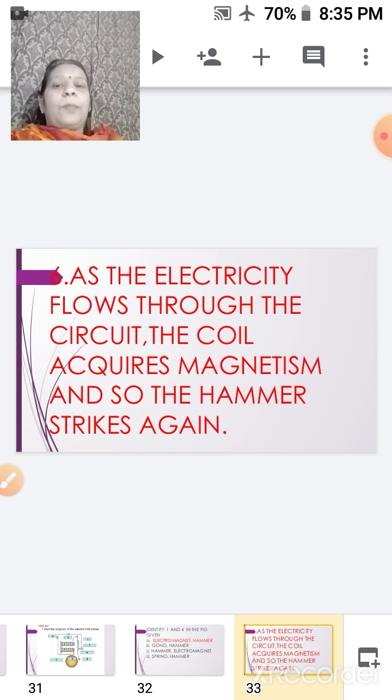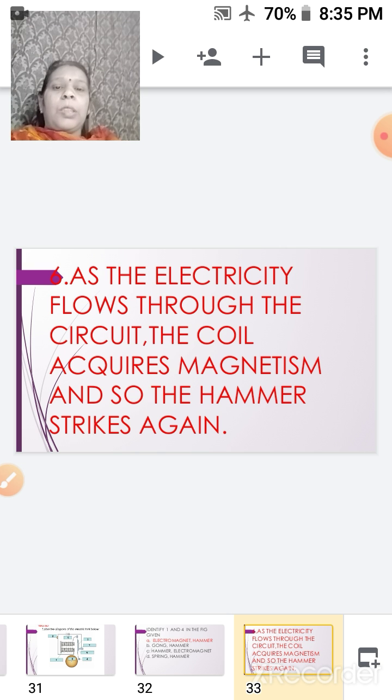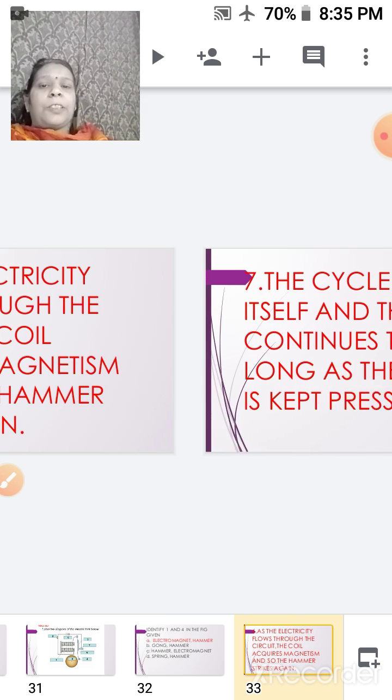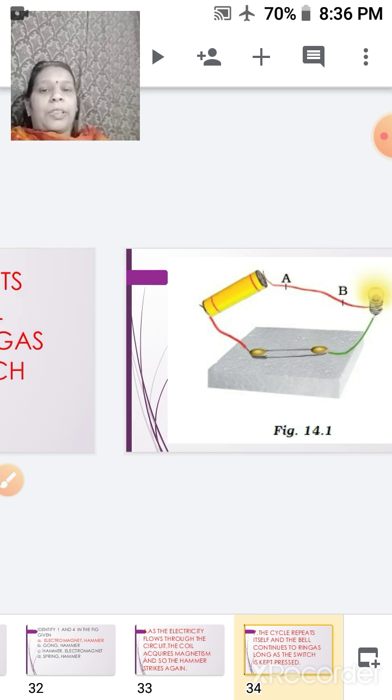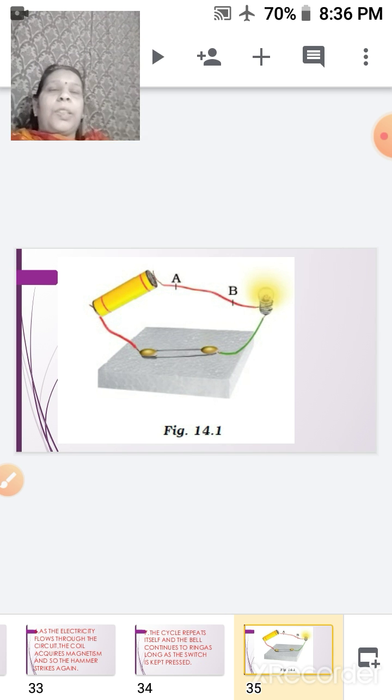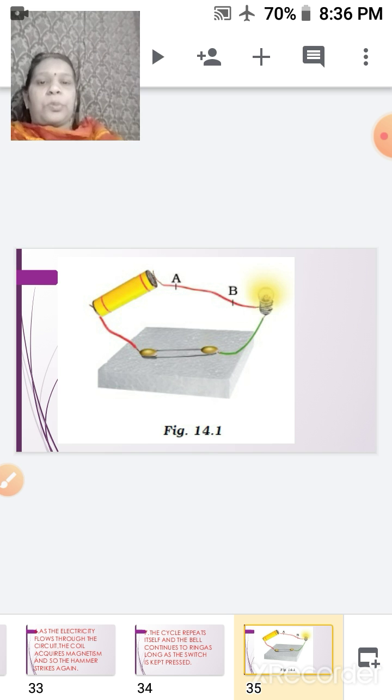But once again we press the switch, electricity flows through the circuit, it acquires the magnetism and the hammer strikes again. This cycle repeats itself and the bell continues to ring as long as we press the switch. So children, I hope now the working of your electric bell is much more clear to all of you.